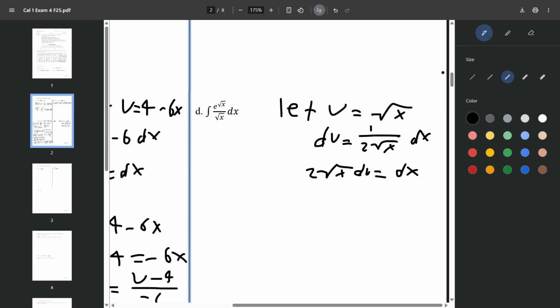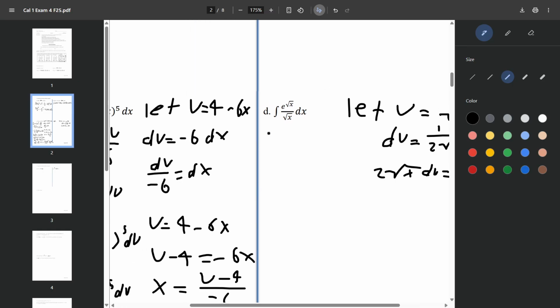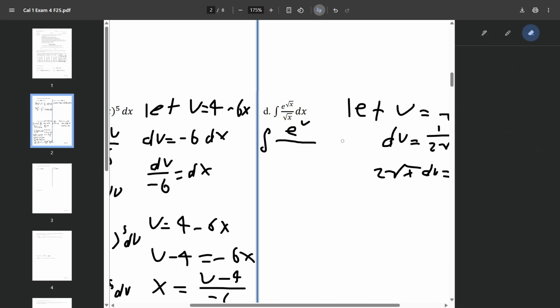So we will go back to our integral and rewrite it as e to the u. Whoops, sorry, I almost forgot the second.